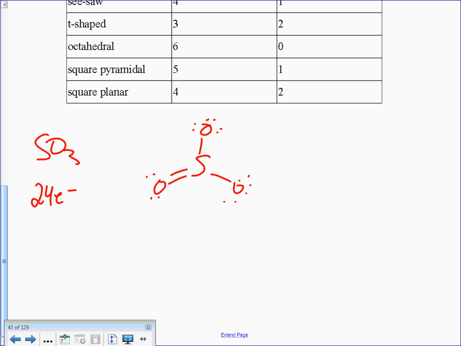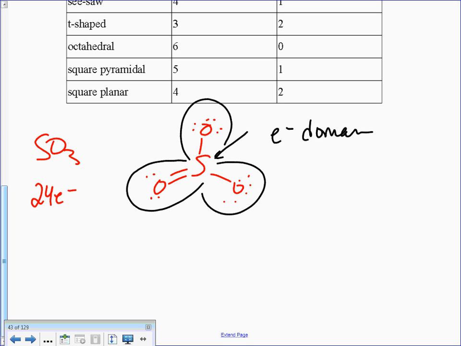It only has how many electron domains? An electron domain is just a location where electrons exist. How many electron domains around the central atom? Right, an electron domain, there's one here, and one here. So 3 electron domains would be considered what electron geometry? It's actually, in this case, the same as the molecular geometry because there are no lone pairs.